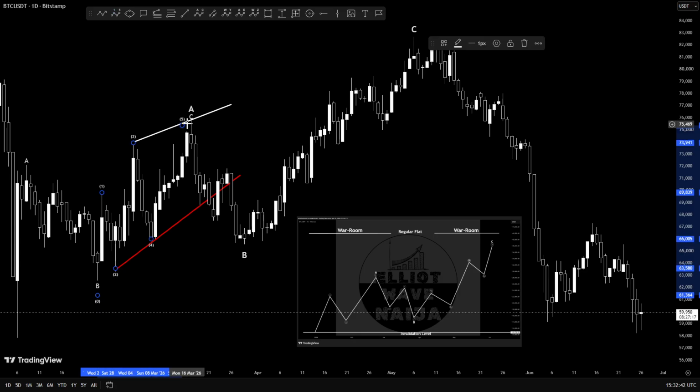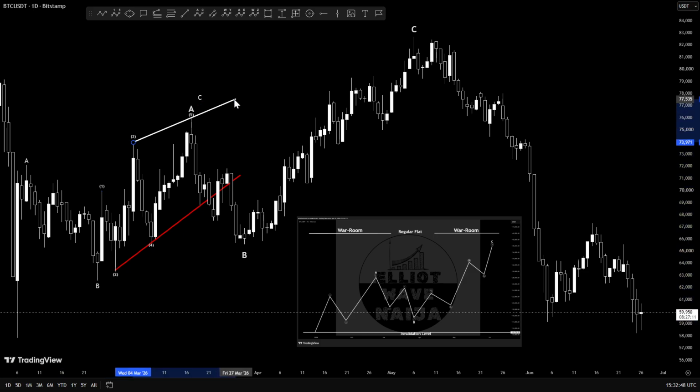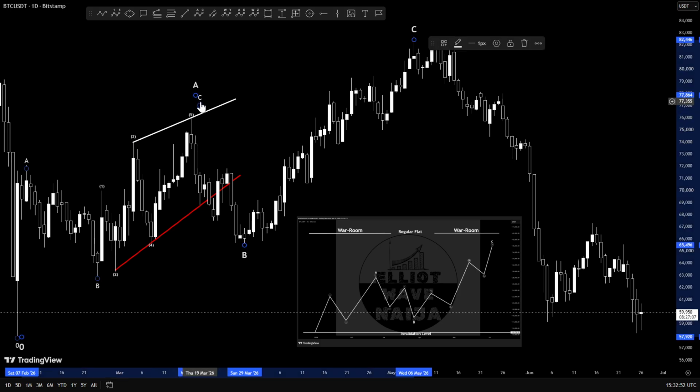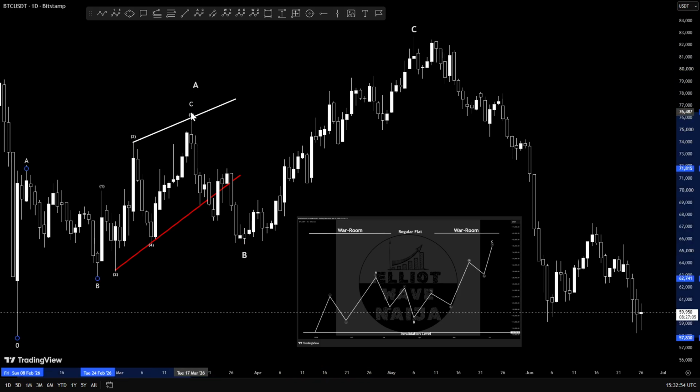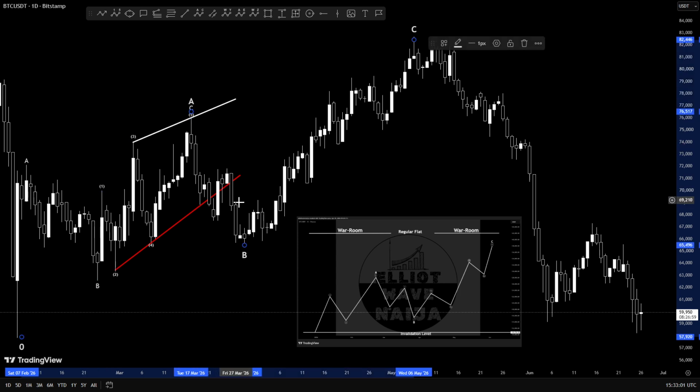Then we have wave 5. This ending diagonal is sending a signal that we just finished a sequence. We're going to have a retracement anytime soon. And that is exactly what happened.